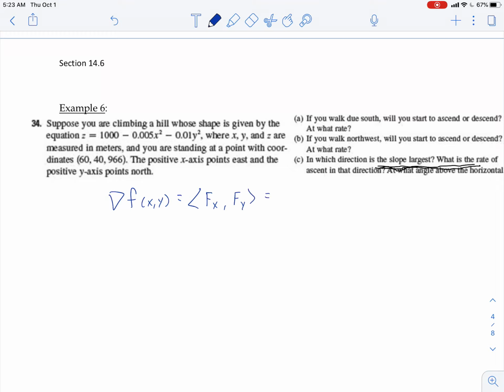So when I look at my function, it looks like I'm just going to have 0.005 times 2x, so that's going to be negative 0.01x. And then for my partial with respect to y, I'm going to have 2 times negative 0.01, and I'm going to get negative 0.02y.